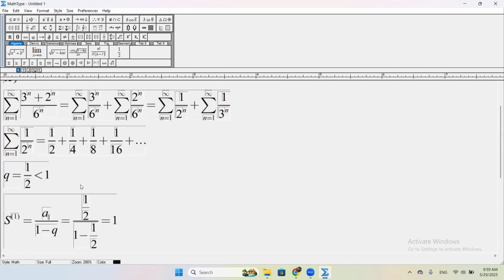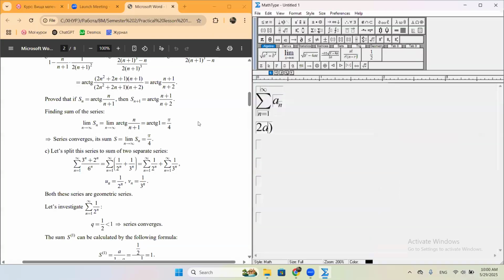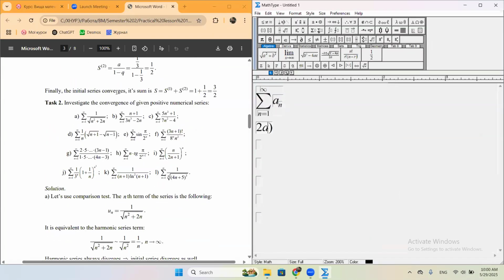So done with this, and now let's switch to exercise 2. Now we will investigate series. We will investigate convergence of the series, using different kinds of tests.